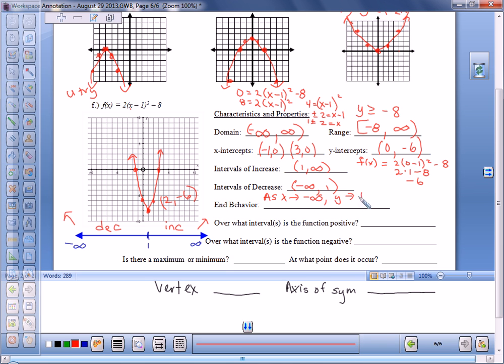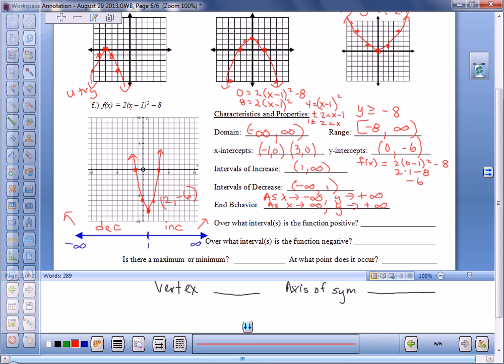Now, when I was looking at your summer work, those of you that had accelerated coordinate algebra in middle school, you flip-flop these. You said y approaches positive infinity as x approaches negative infinity. Completely acceptable. That's fine. It's the same thing. Do you have to put the positive in front of infinity, or can you just write infinity? No, you don't have to.